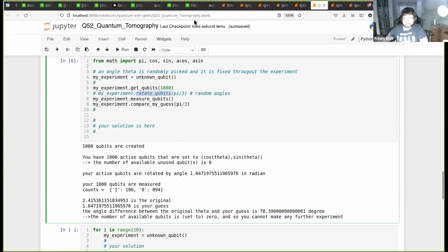So there's a problem, as one of you mentioned. Suppose we have those two very simple states, right? This is the plus state, this is the minus state.